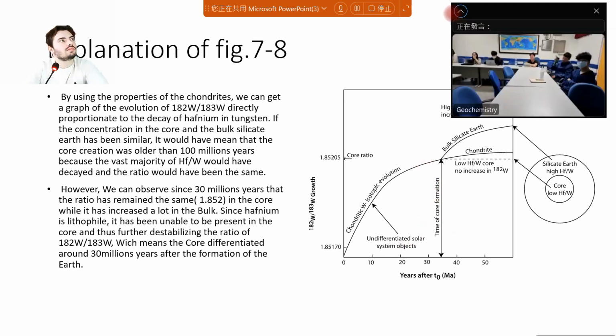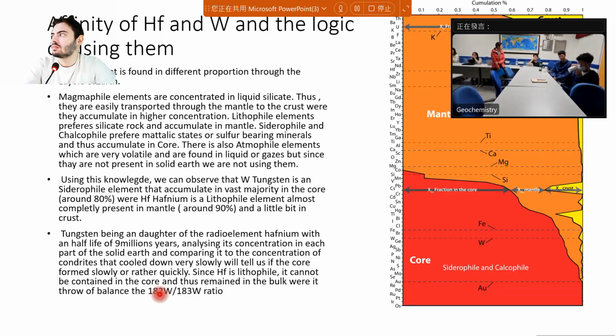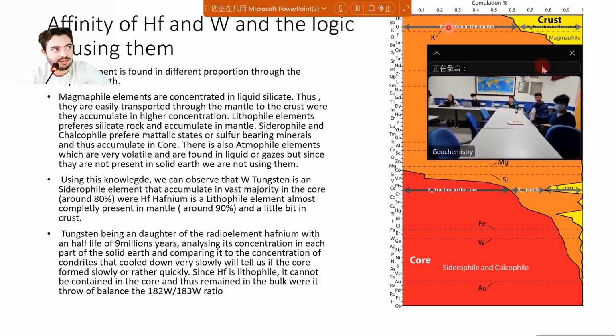In this graph, do you think the scientists could have samples from the core, or do they make their argument mainly based on mantle samples? Only mantle. Do you agree, Axel? Yes. Why do you think magmaphile elements are concentrated in liquid silicate? Because I read it.